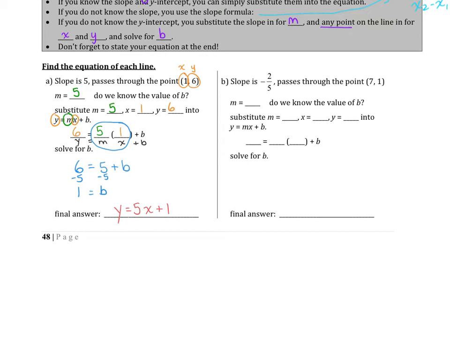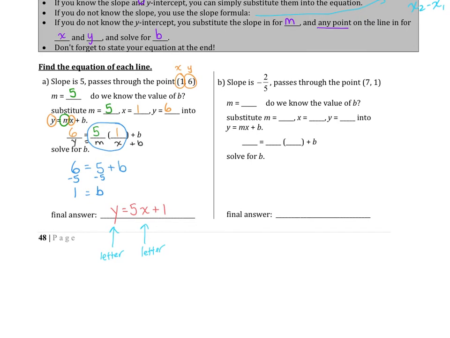And what I want you to remember when you write out your final equation, the x and the y should be letters, and the slope m and the y-intercept b should be numbers.